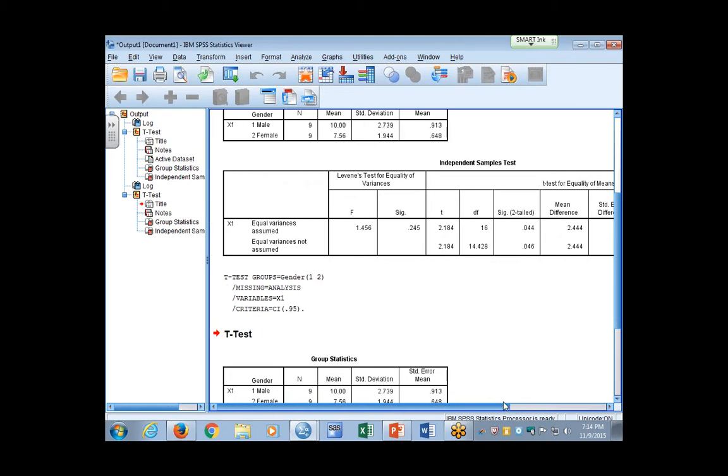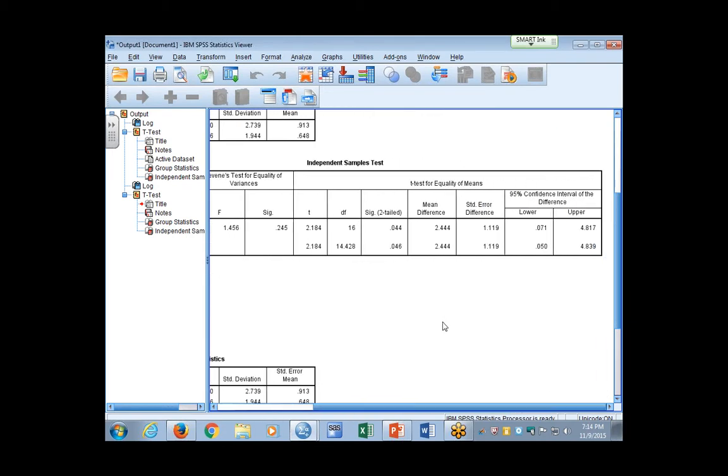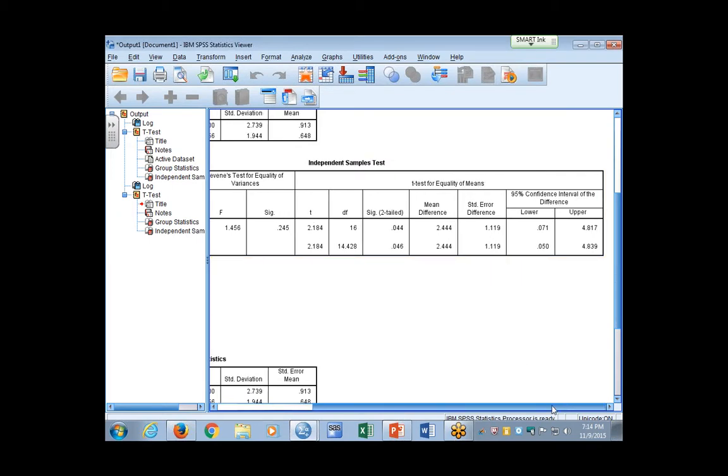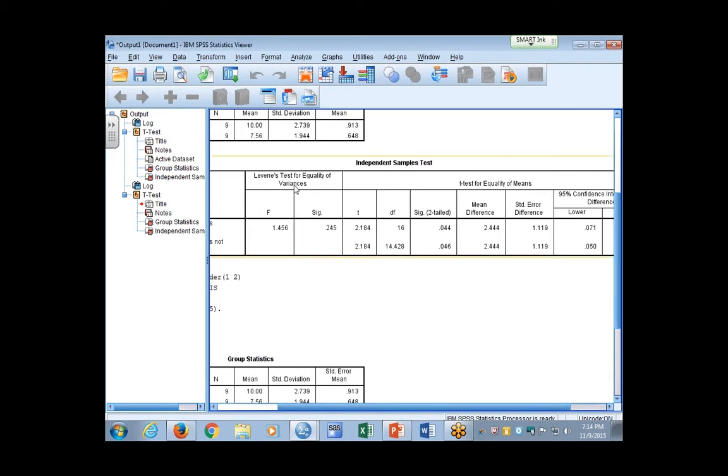Let's scroll this over. I have a whole bunch of columns here. First of all, there's a block of four things, a 2x2 block right here, which looks like it's separated from the rest of this table, which in fact it is on purpose. That's Levene's test for the equality of variances.